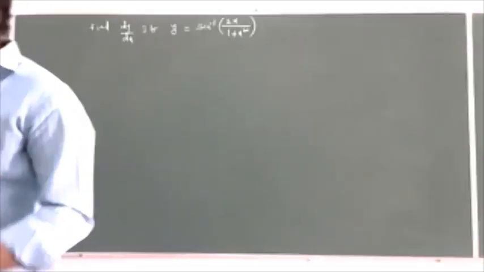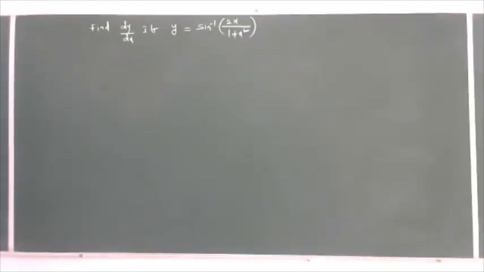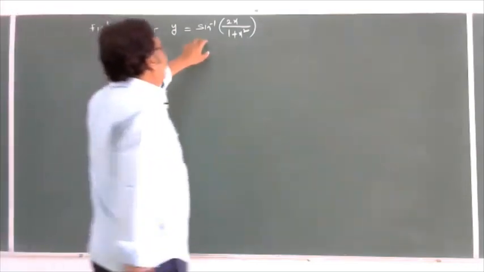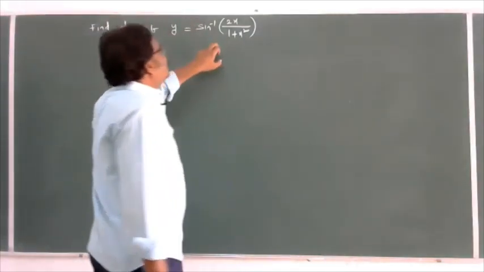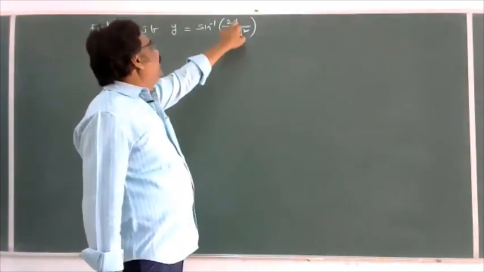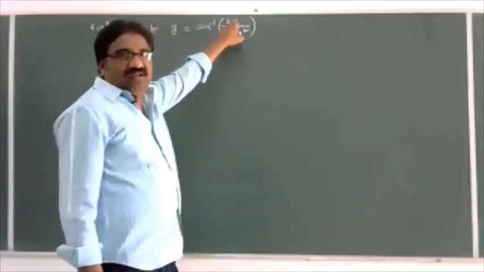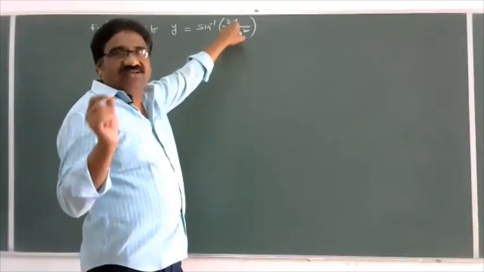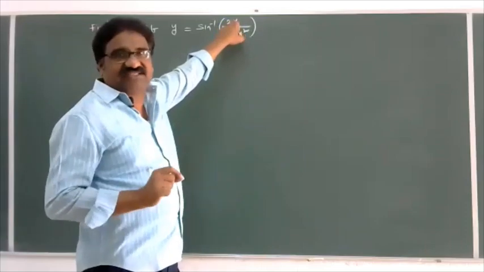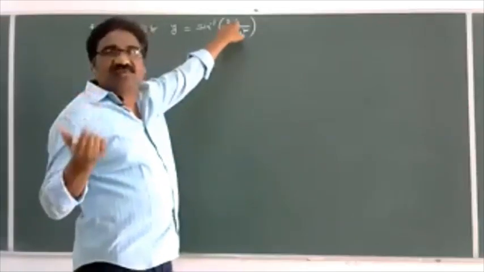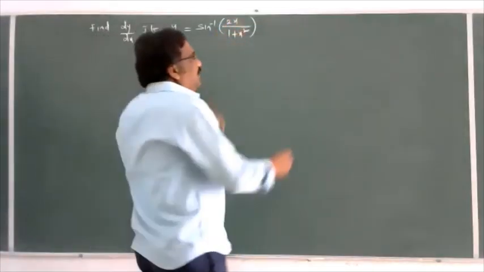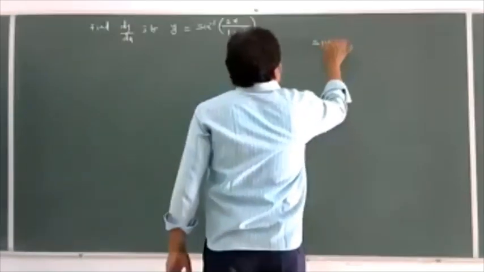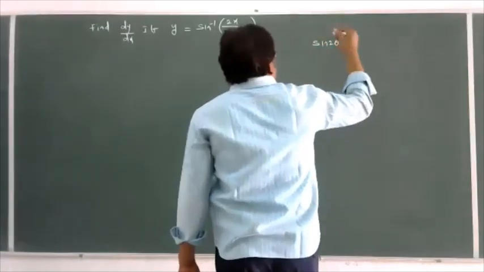We want to find the derivative of this function. This is an inverse trigonometric function. We want to substitute something instead of x here. What can we substitute instead of x? You remember the formulas of trigonometry: sine 2 theta in terms of tan.